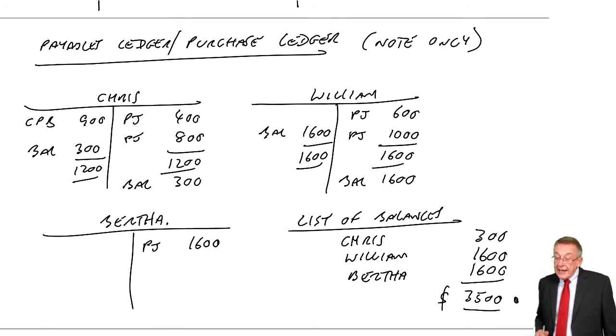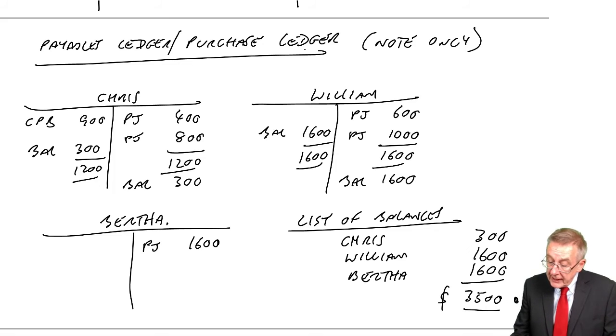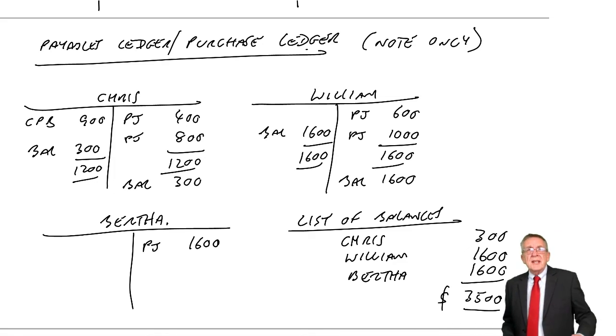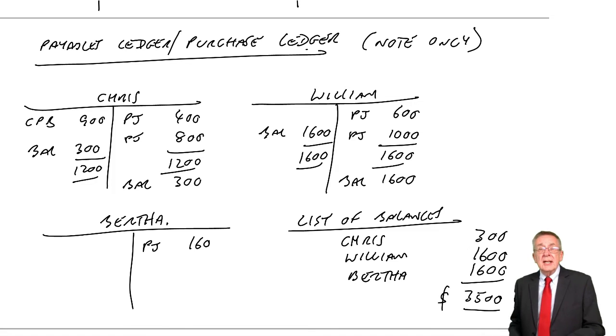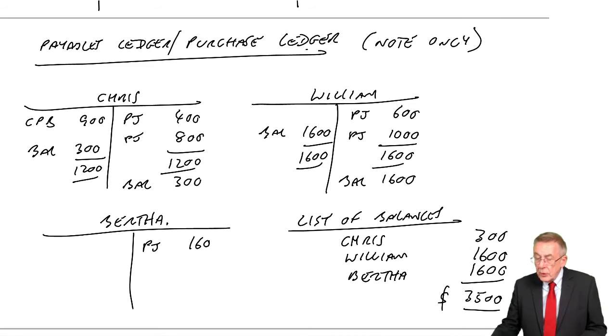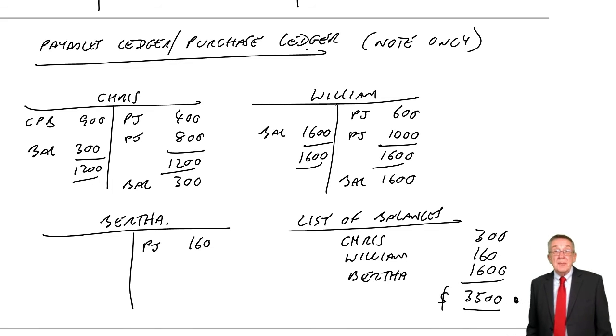And it does act as a little check, because nobody's perfect. The person who was writing this up, when they came to Bertha, there was 1,600. They may have accidentally only written 160 there. And if they'd only written 160, the total of the list would be different.